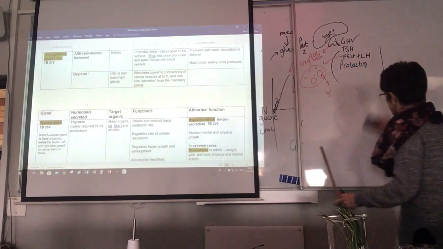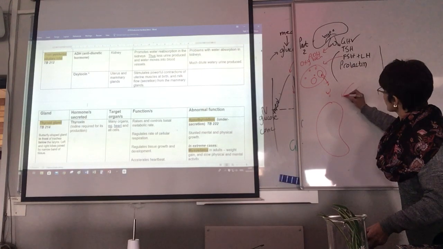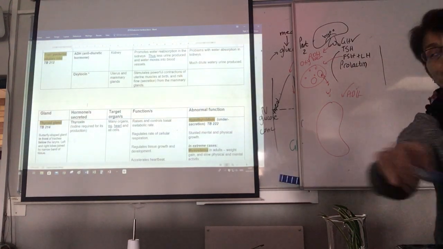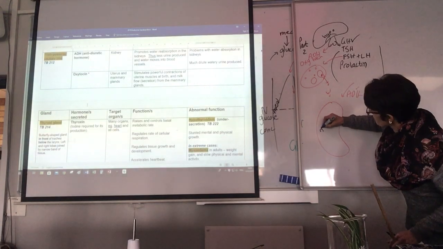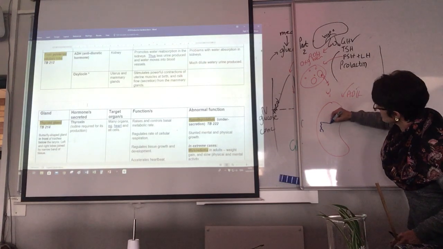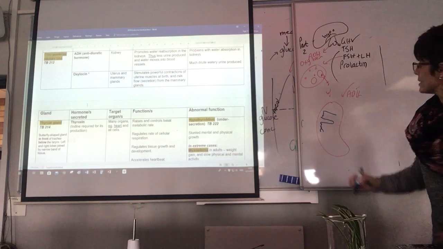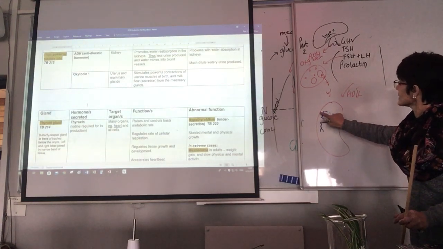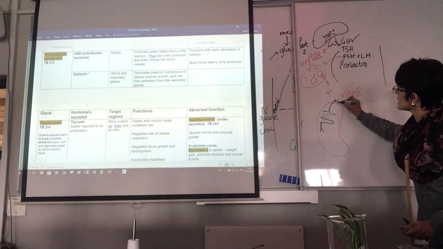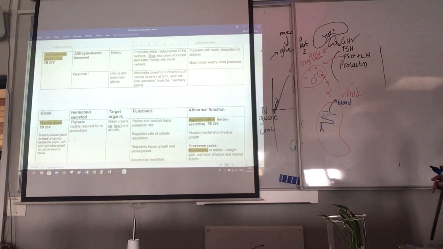Let's just draw a kidney here, and along comes ADH, and it's going to cause... there's a nephron: Bowman's capsule, proximal convoluted tubule, the loop of Henle, distal tubule, collecting duct. It causes the collecting duct and the distal tubule to become more permeable to water, so more water is absorbed into the blood and your body saves water and you don't become dehydrated.